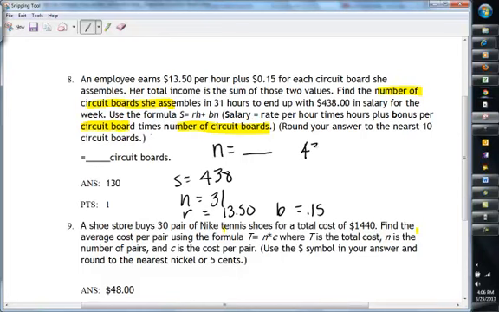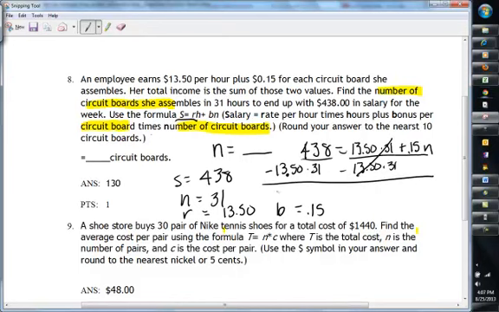So using the formula here, 438 is 13.50 times 31 plus 0.15 N. Subtract 13.50 times 31, and then divide both sides by 0.15.